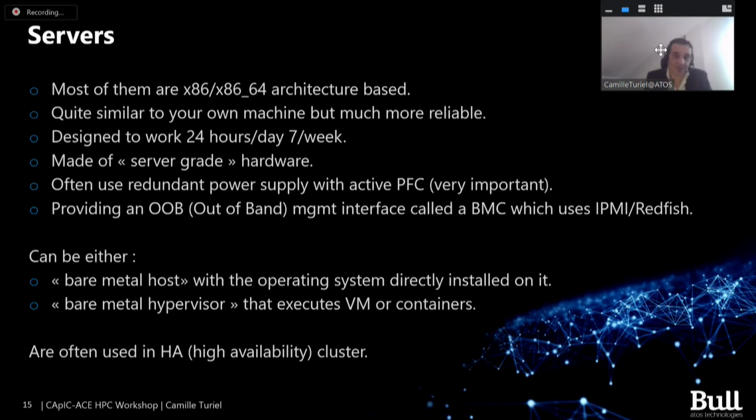IPMI and Redfish are tools, but you also have tools that we call CMDB, and maybe we'll come back to it later, which can permit you to manage all of your assets, all of your data center, from a single point, and have a database of all your assets.